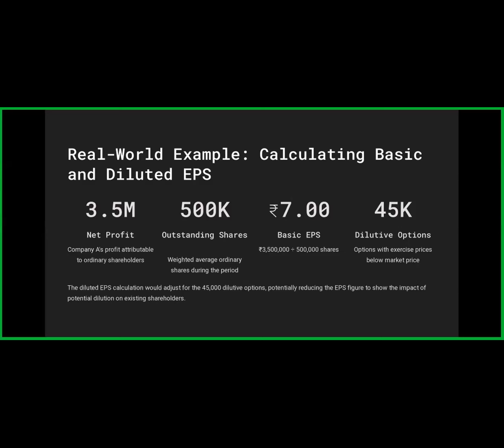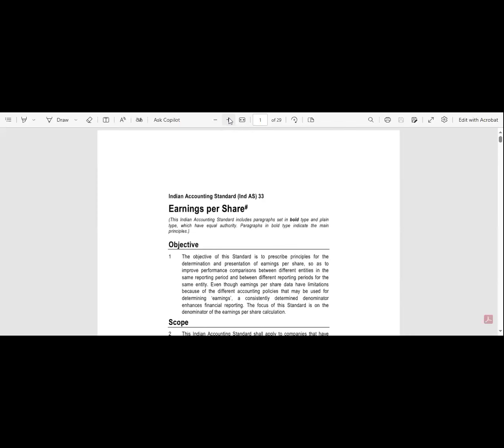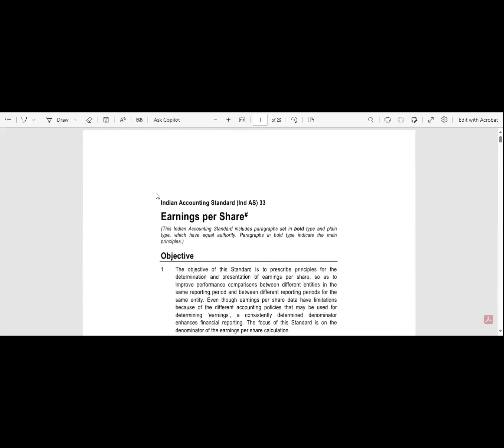That is the earning per share declaration in the financial statements.